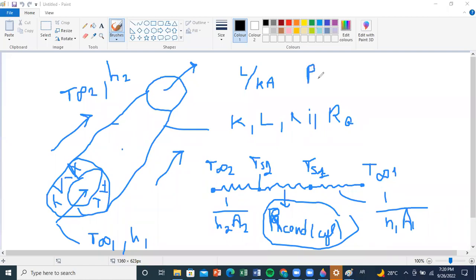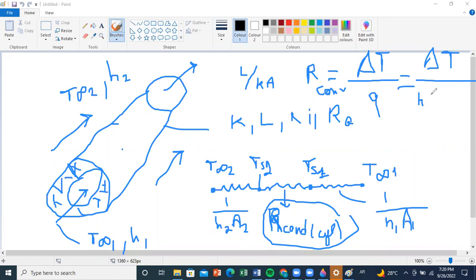We treat the resistance as delta T over Q. So, for example, for convection, if you want to determine the resistance, we say it's equal to delta T over Q convection, where Q convection is HA times delta T. Then delta T will simplify.